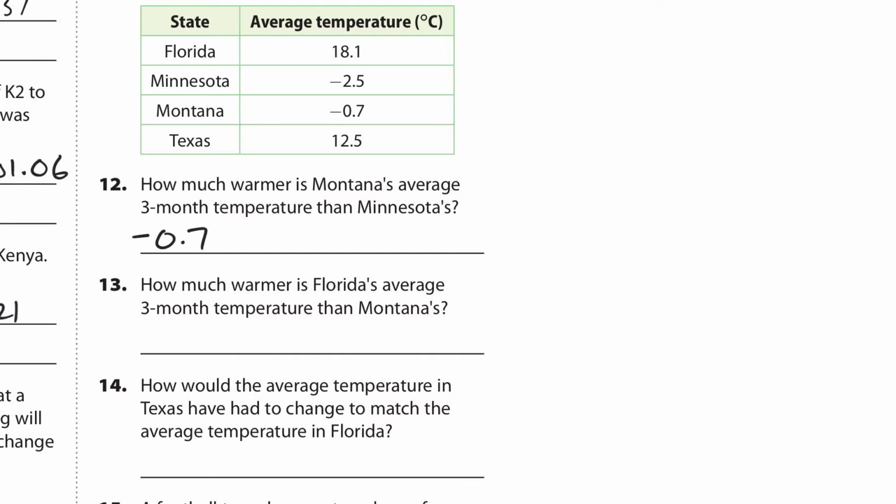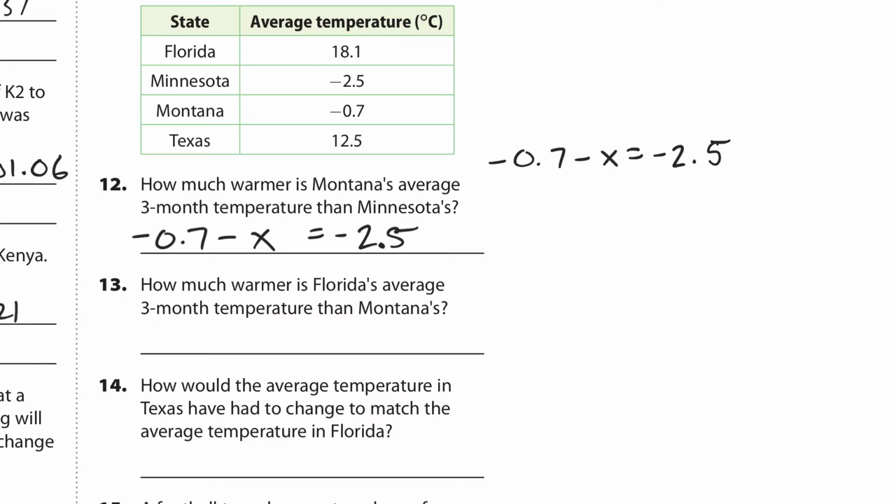Minnesota's is negative 2.5, which is definitely colder. And so it's colder, so we have to subtract something to get there, and that difference is how much colder it is. So let's solve that equation. We have negative 0.7 minus x is equal to negative 2.5.